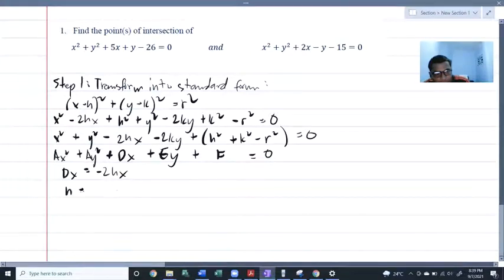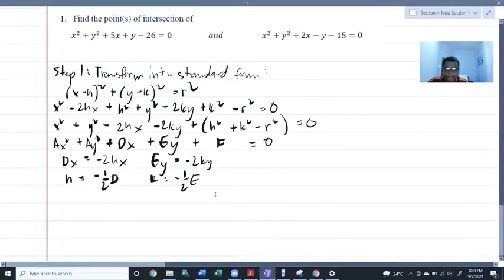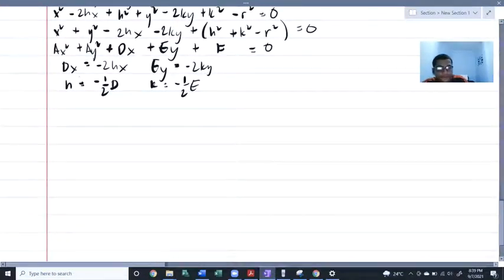So our h will be equal to negative 1/2 d. Next, ey is equal to negative 2ky, so that our k must be equal to negative 1/2 e. Okay. Now, how about f? So our f is equal to h squared plus k squared minus r squared.